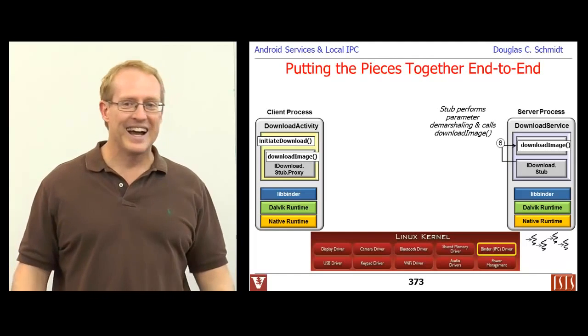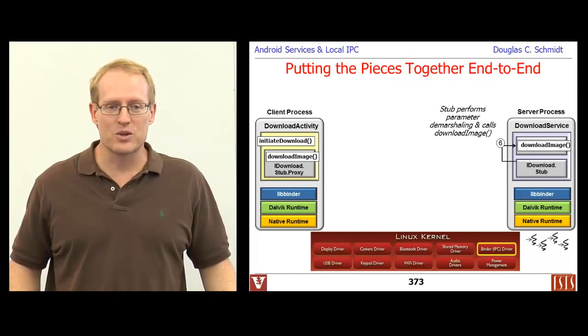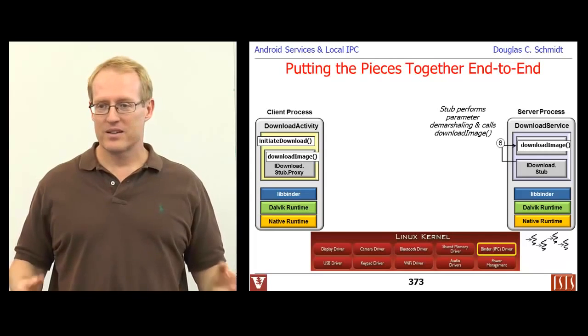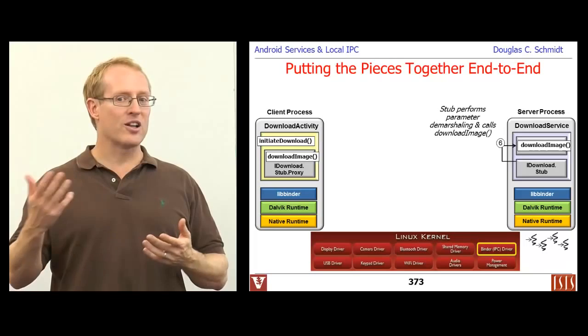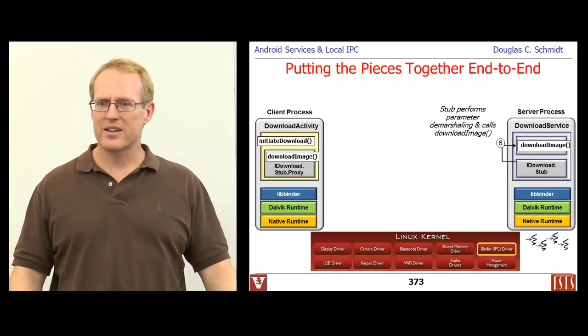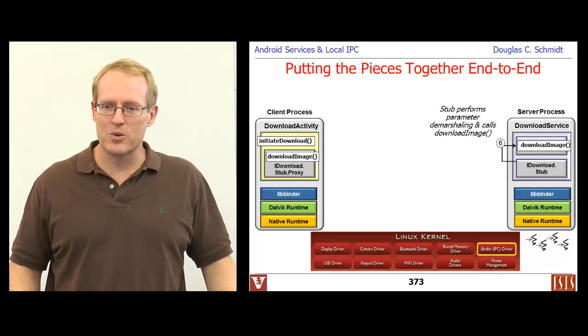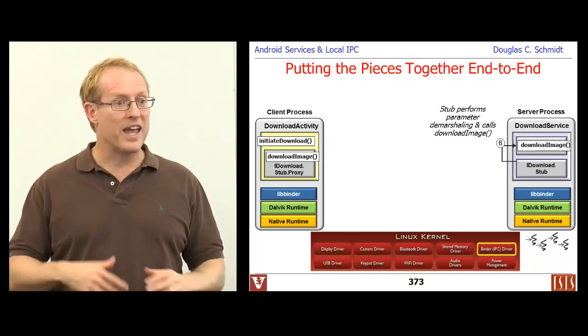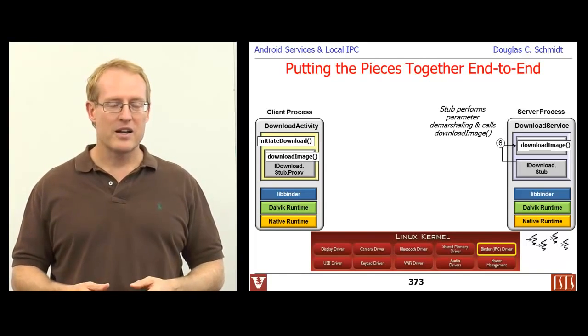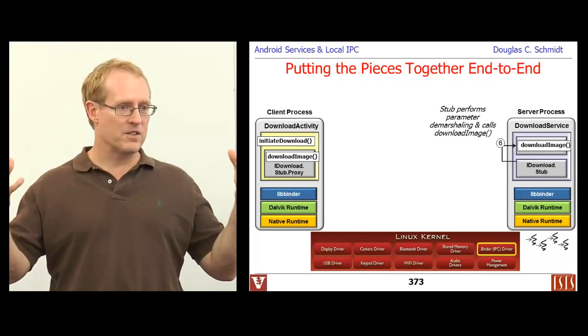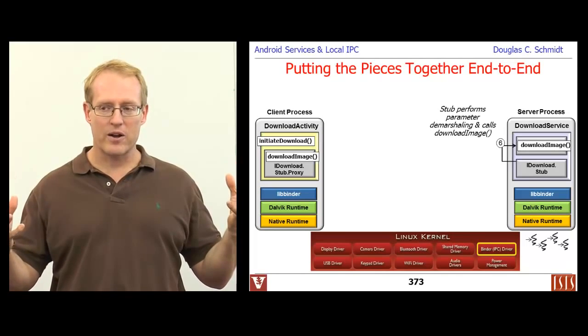By the way, lest you think that this is only limited to things running on the same hardware platform like the device, obviously there's a long history going back to the 70s and 80s of people doing remote procedure call where you span network boundaries. And the abstractions are more or less the same as what we're talking about here. It's just that you can talk to things that are on physically different hosts connected by a network.